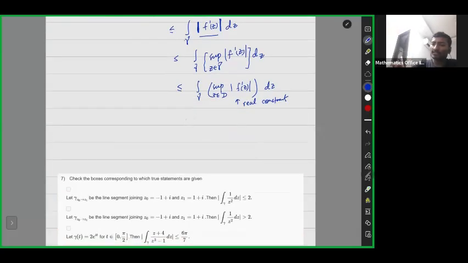So what do we get here? Does the supremum exist here?